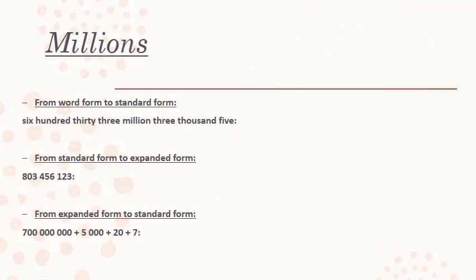Okay, now if I have already the number written in word form and I need to write it in its standard form, the first step and the most important step is that you have to put the class names in a box that you know. Why? Because, for example, you know that I have the million class. That indicates that I have already the simple unit and the 1000 and then the million.